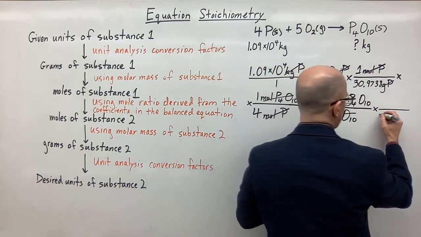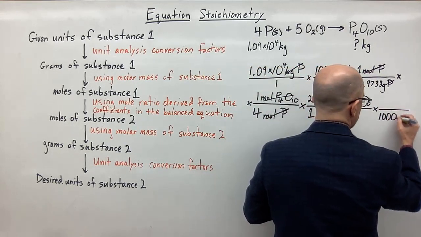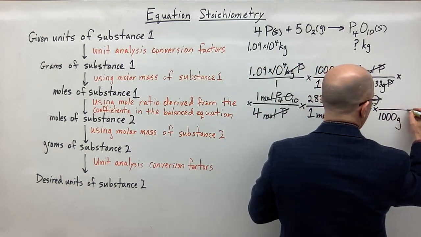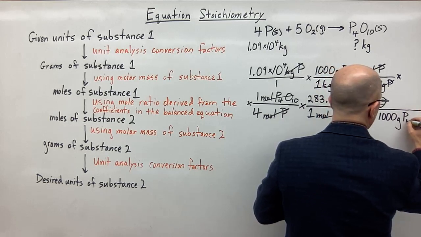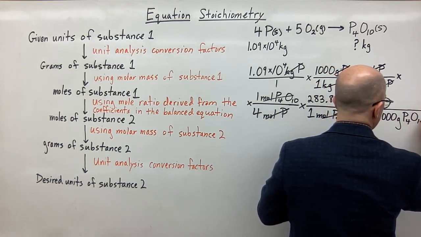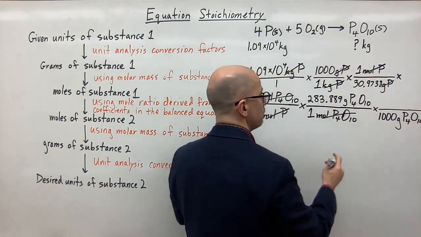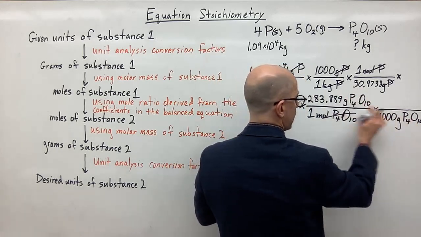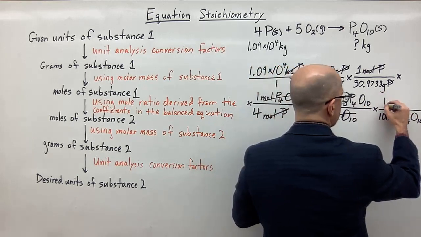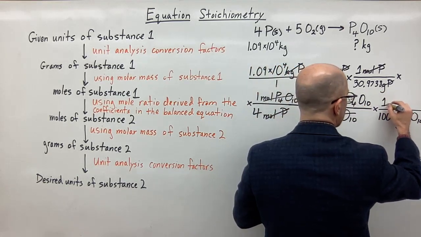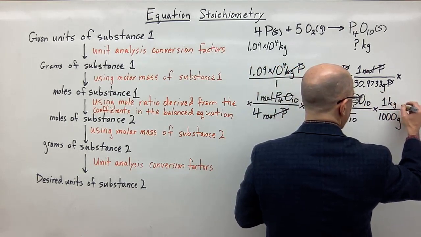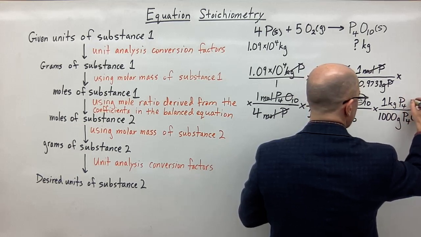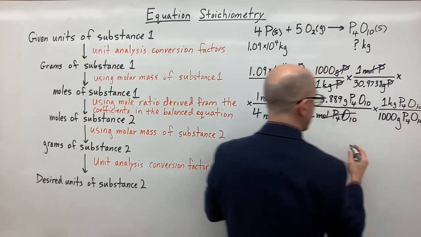So this time I'm going to put 1,000 grams of P4O10 on the bottom because I have grams of P4O10 on the top here. I want that to cancel out. And now I'm going to put 1 kilogram of P4O10 on the top.